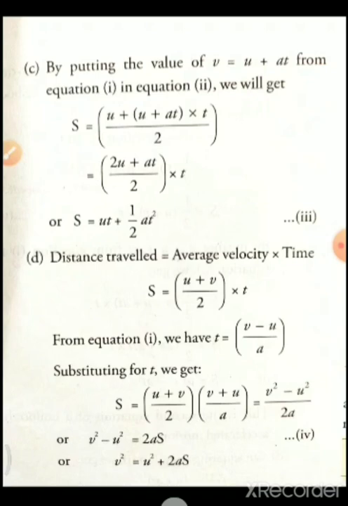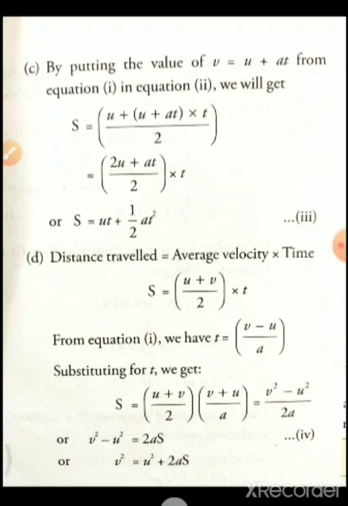Since the slope of velocity time graph gives acceleration, therefore a is equal to BC divided by AC. Slope of the graph, how can we find that? a is equal to BC divided by AC.